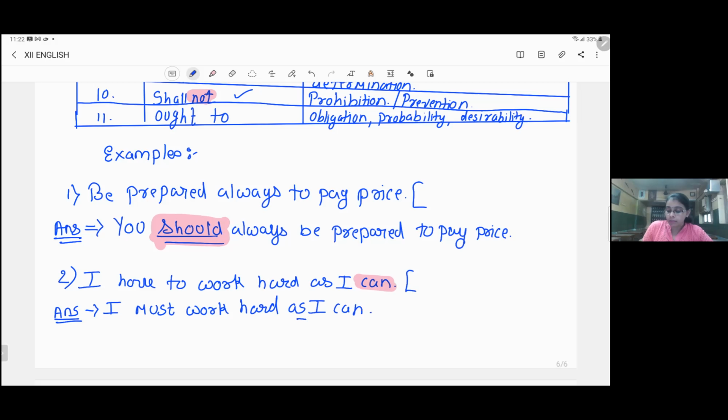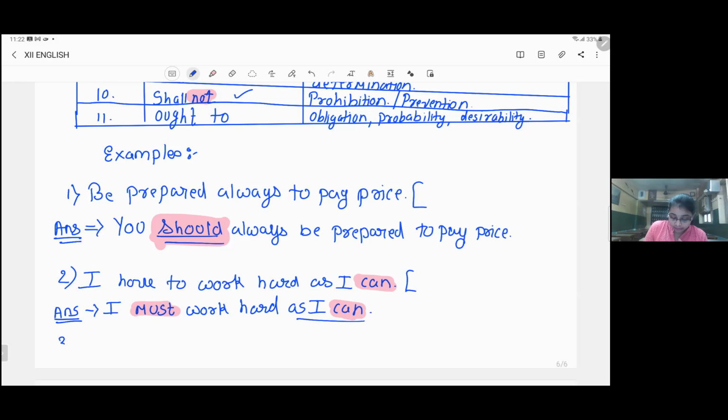Why will can come? Because it is in the sentence. You have replaced have to with must there. Clear? So there are two modal auxiliaries in it, that is must and can. Must is the important one in this sentence because it is showing what? Obligation, or compulsion in the sentence. Clear?